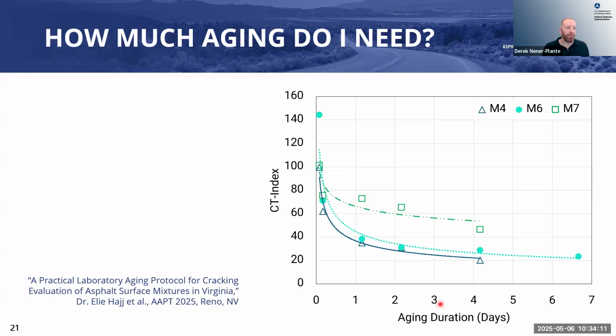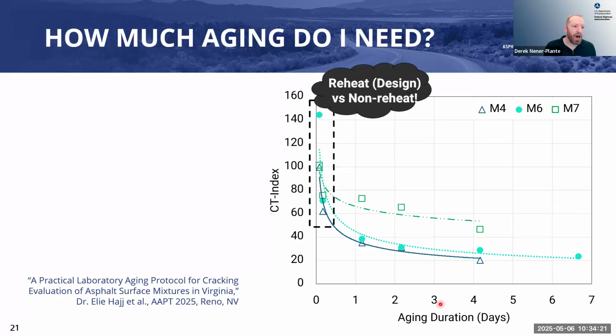And so they did some work here, taking mixtures and testing them at different aging durations, okay? So you see some results here of the initial, right? No added long-term aging procedure. And again, Eli can correct me on any of the details later if we have questions, but you're seeing 3 different mixtures here.